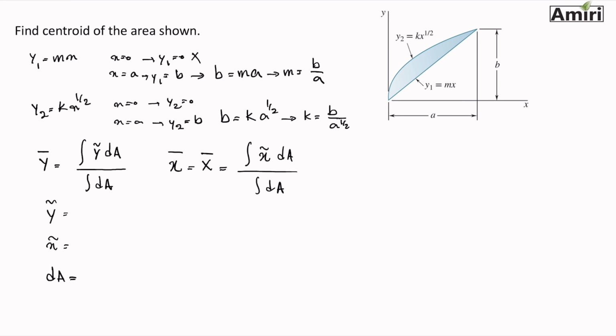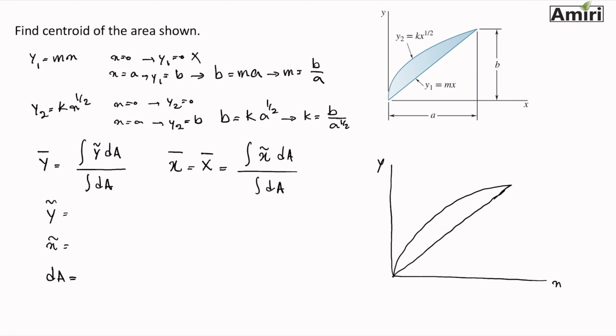So before I go over what each of them means, let's draw an elemental section of the area, a small element of the area. I have here b, then I have here a.